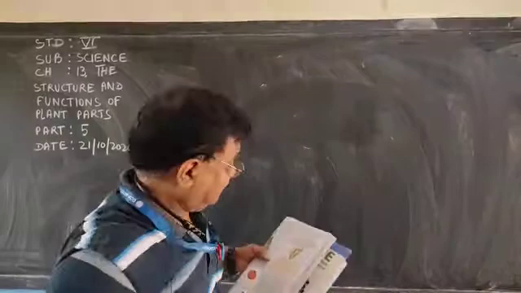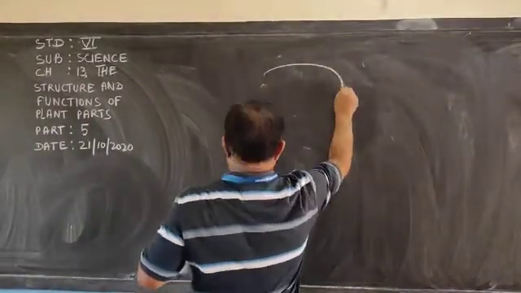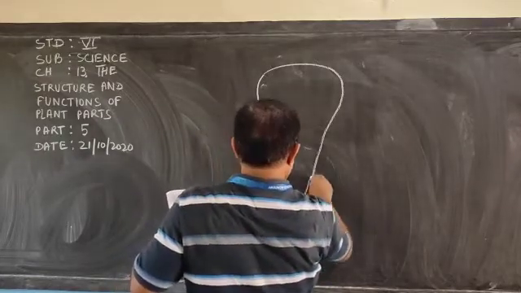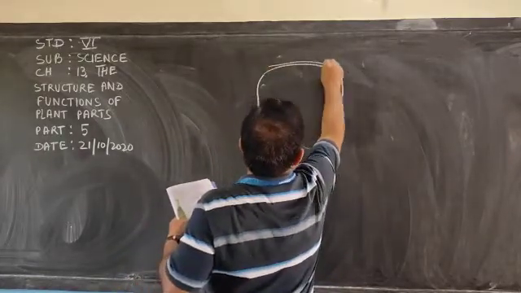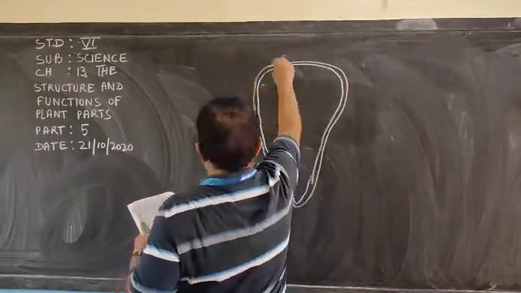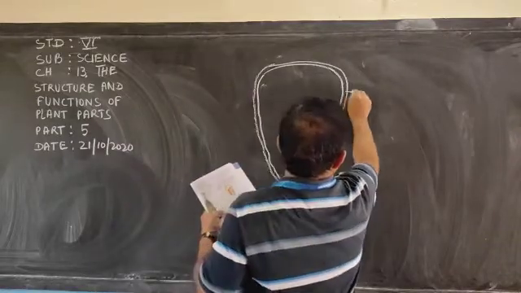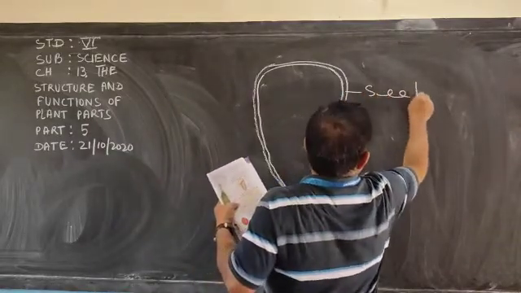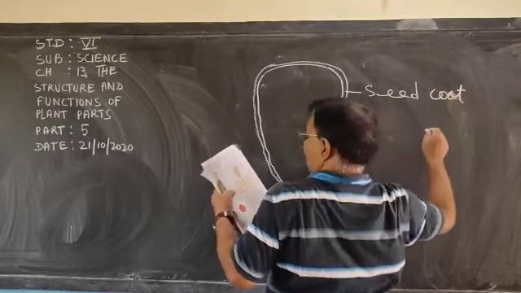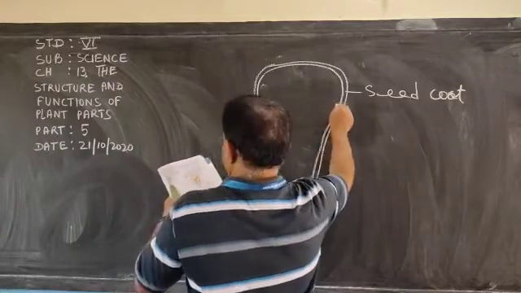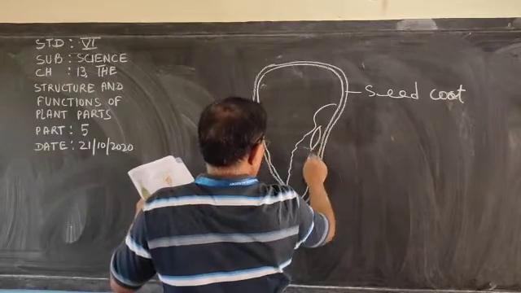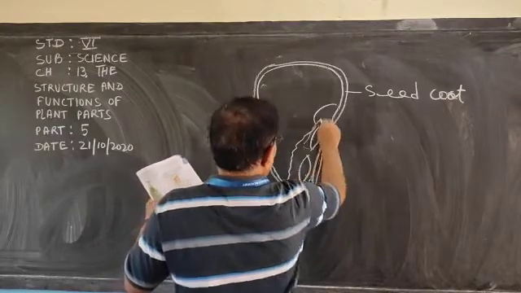Let us see the diagram. This is the outer covering of the seed. Okay, this is seed pod. And here you can see upper part and lower part.